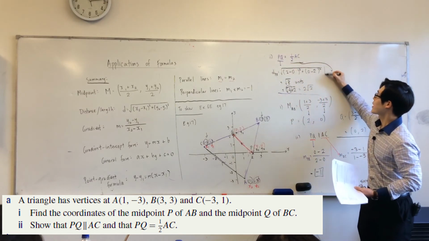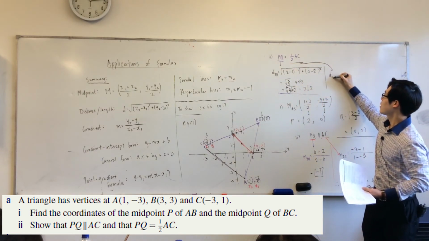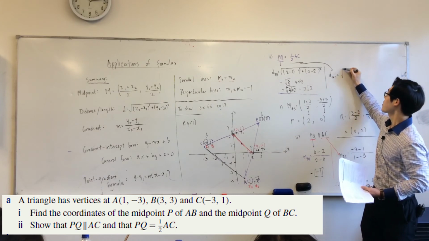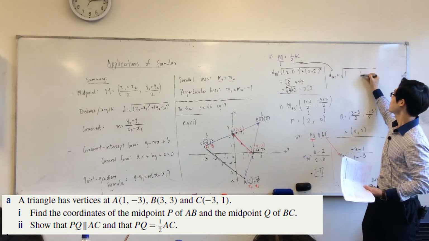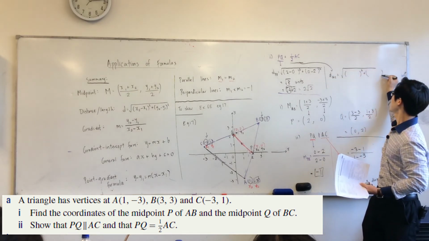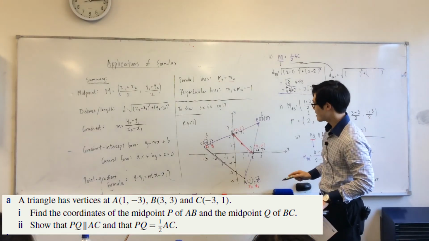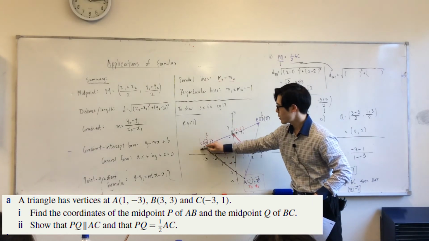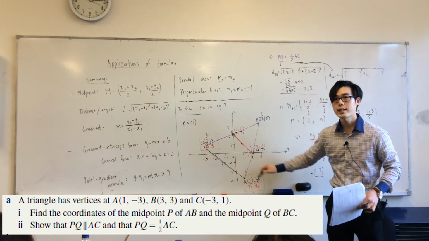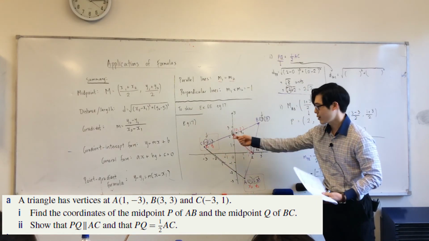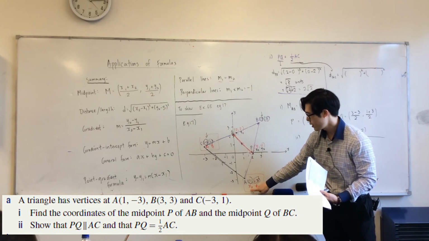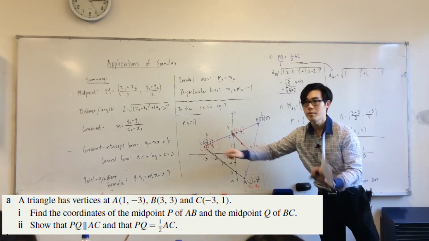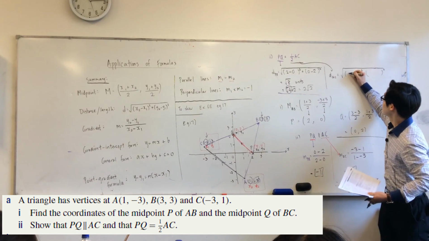Now let's have a look at this side. Let's find the distance of AC this time. Same thing, same formula, just different coordinates. We're looking at this, and we're looking at that. We've already labeled x2 and the rest, so let's follow the formula. x2 minus x1, well, that's 1 minus minus 3, which is 4.